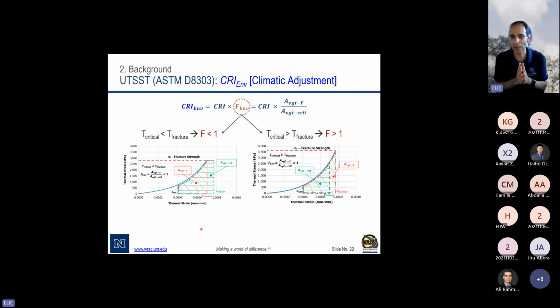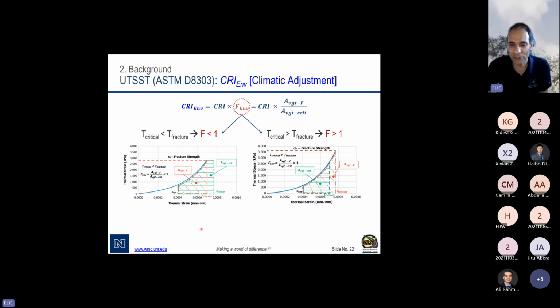Basically, we go back and compare the strain when the specimen fractured to what we call a critical strain that comes from my environmental conditions. So from your climate conditions, from your PG grading, you have a low temperature grade that you want to meet, and we translate that into a critical strain.